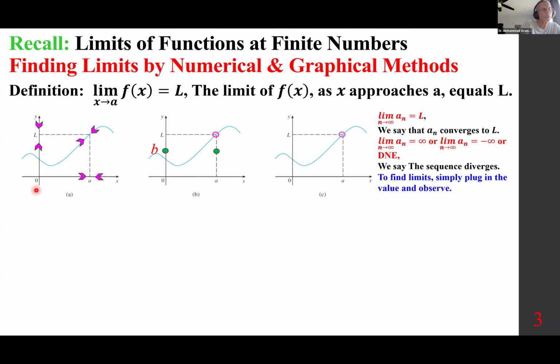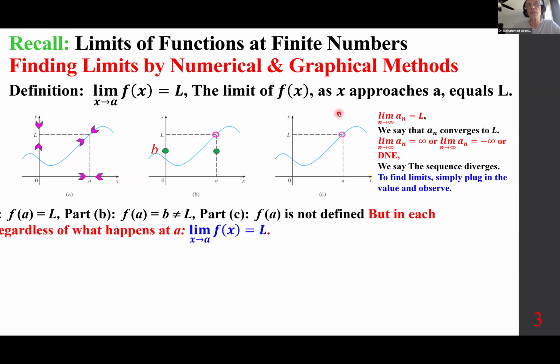So from the left we approach L from the bottom, and in this branch from the top, in which case the limit of f of x as x approaches a equals L for each and every one of them. What's the difference? In this case, f of a is also L. That makes it continuous. In this case, f of a is b. In this case, f of a is not even defined.